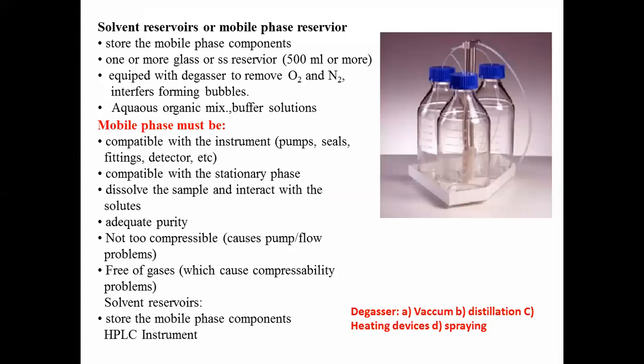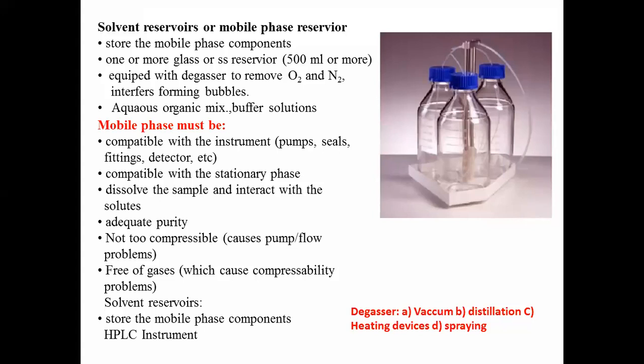And these solvent reservoirs are also connected with a degasser system. Some degassing systems are also used. These are also needed. The function is what? To remove the dissolved oxygen and nitrogen, because these dissolved gases interfere by forming bubbles.